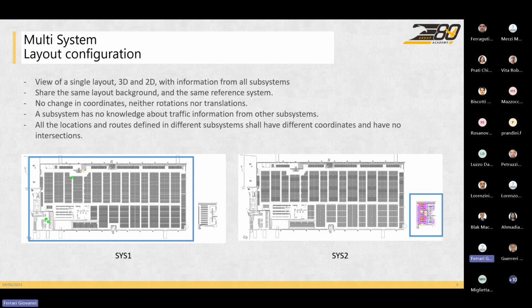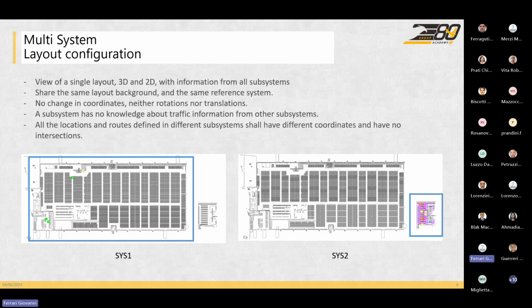Here in the picture, I showed you the case where we have two systems. In the picture on the left, the first system is in charge of handling the fleet that is moving inside this area of the warehouse. On the right side, instead, we have another system that is in charge of handling the fleet that is moving in this part of the warehouse.